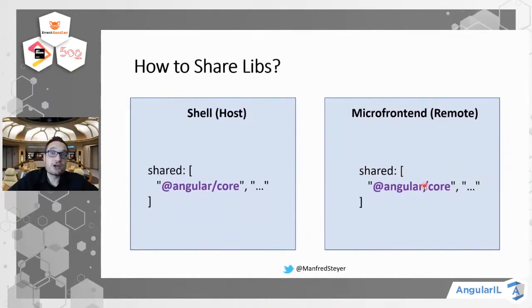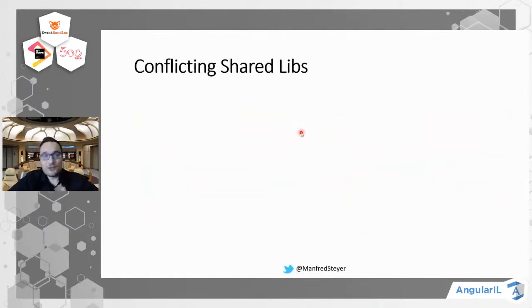That's why shared stuff is always put into separate bundles. This gives us the possibility to load it on demand. If the micro frontend finds out the shell is not sharing, then it loads its own version, which is quite smart if you ask me. One issue you will run into is conflicting libraries. Perhaps this is the biggest challenge when it comes to micro frontends.